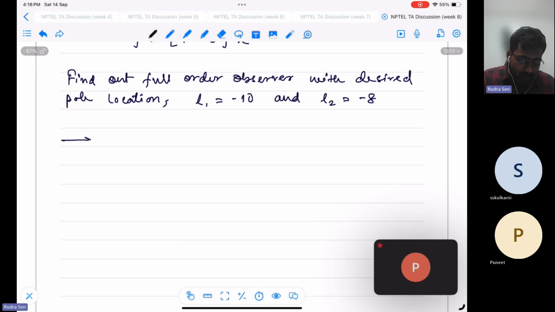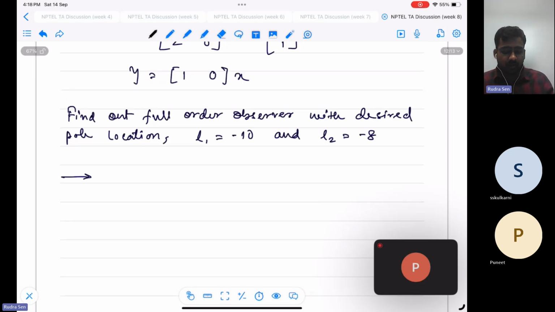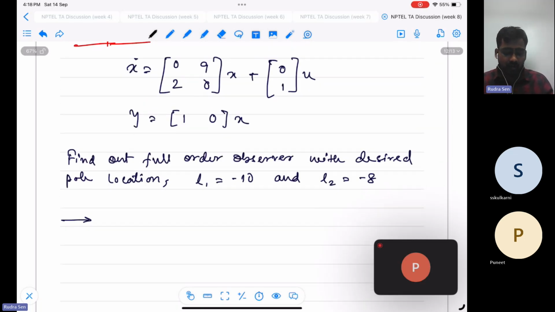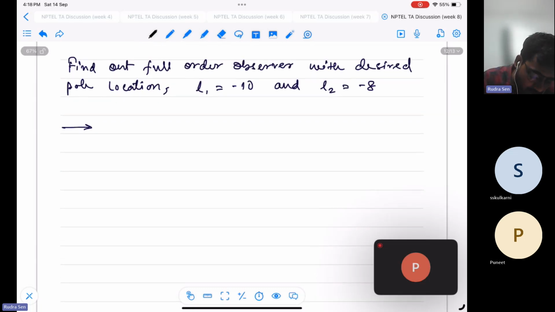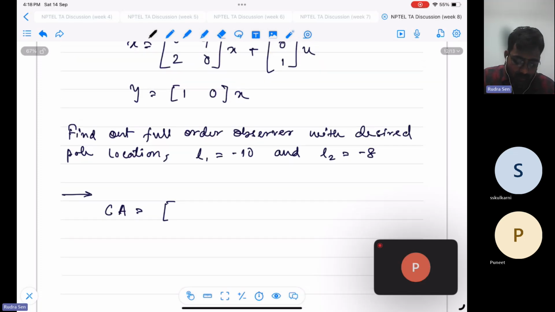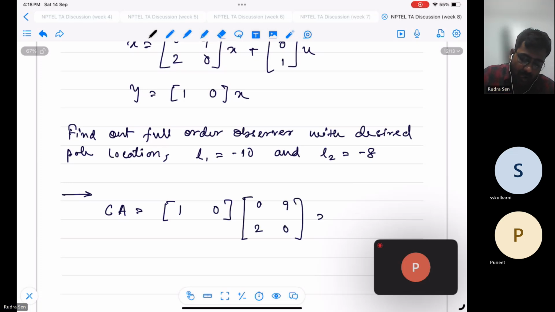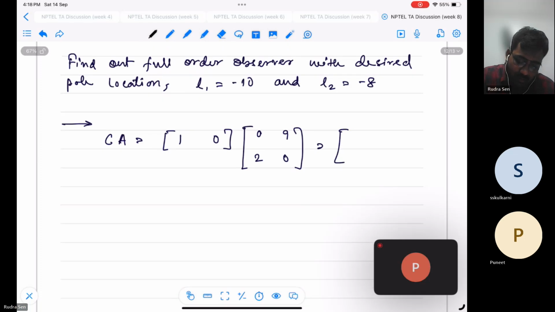The first condition we have to check is whether the system is observable or not. For that you need to find C times A. C is [1 0] and A is [0 9; 2 0], so you will get [0 9].